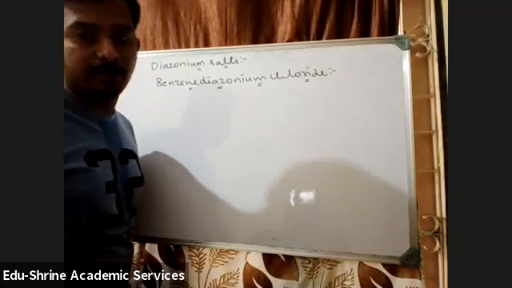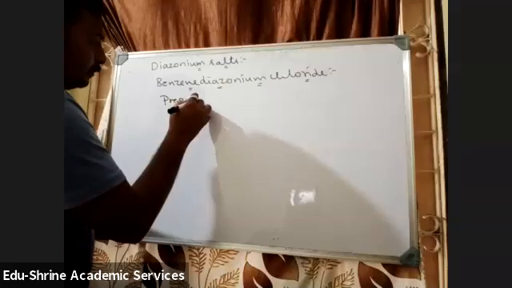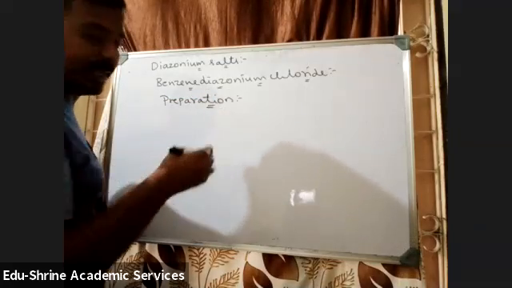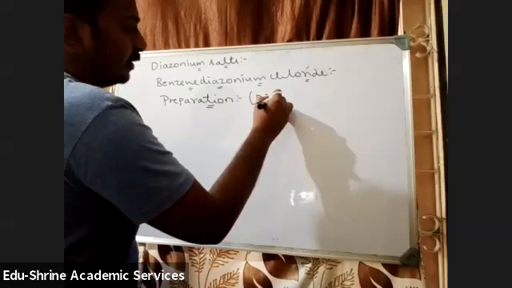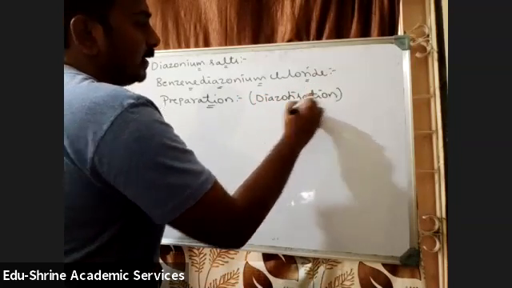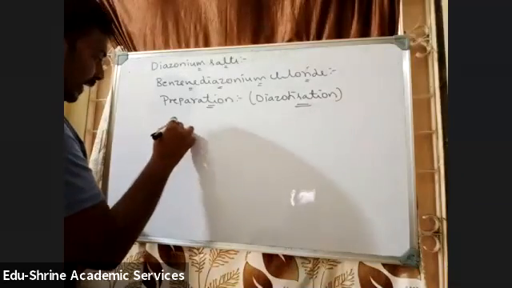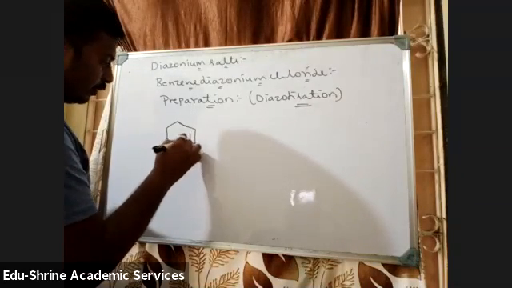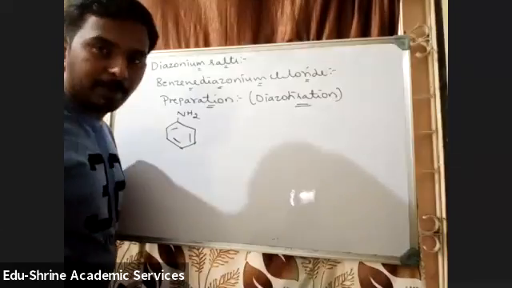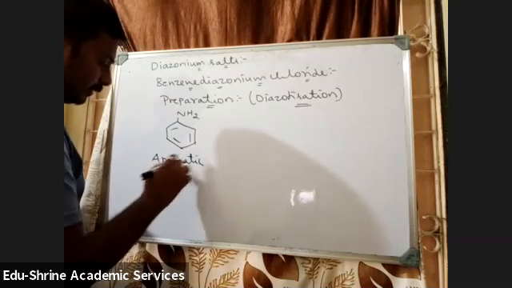Coming to the preparation of benzene diazonium chloride. We have already seen how this is prepared. It is prepared by a reaction called the diazotization reaction. There is only one method of preparation. The diazotization reaction is given only by aromatic primary amines. This is an aromatic primary amine, aniline.